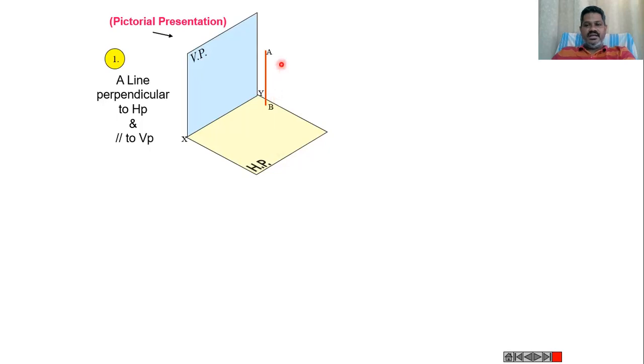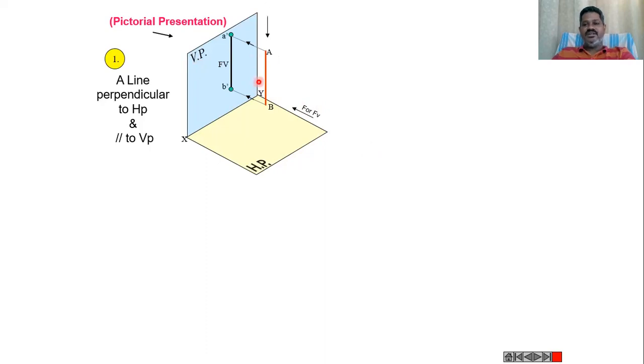Then the ends of this line I'm naming as A and B, and the observer is absolutely in front of VP. To draw the front view of this line, the line will be projected exactly onto the vertical plane like this. With the length given, the points AB will become A dash and B dash with the true length of this line.